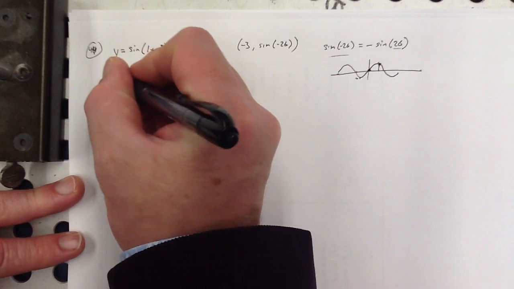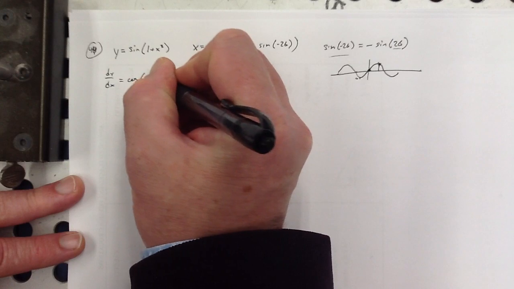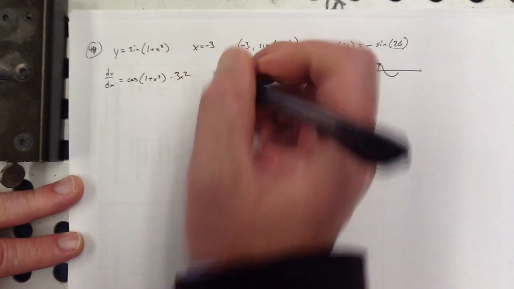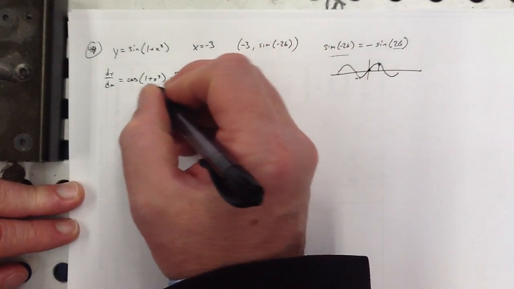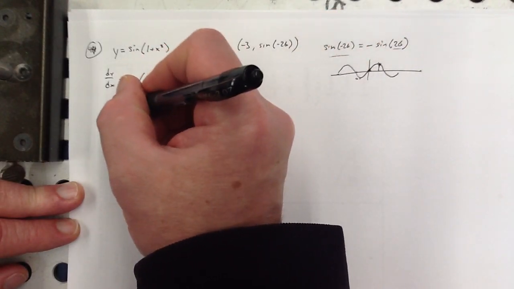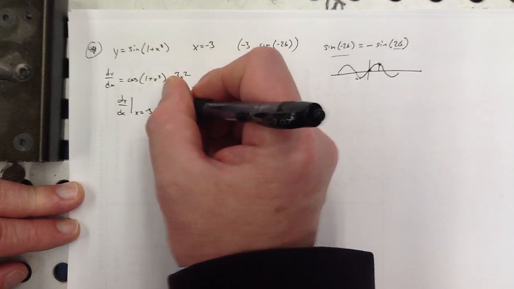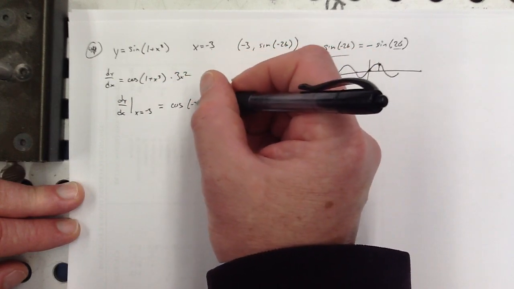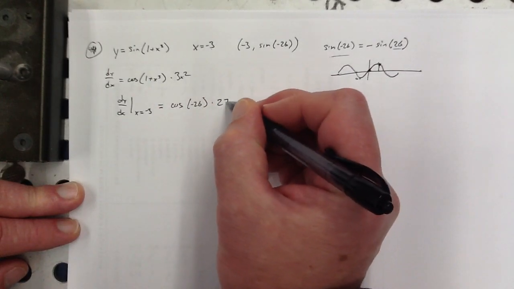All right, what's the derivative of this? dy/dx is equal to the derivative of sine of whatever, which is cosine of whatever, times the derivative of what's inside. So when I plug -3 into this, I get dy/dx at x equals -3 is cosine of -26 times 27.